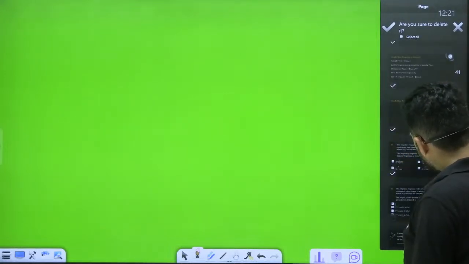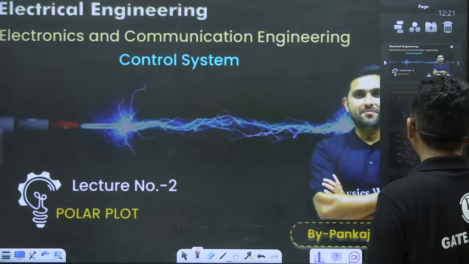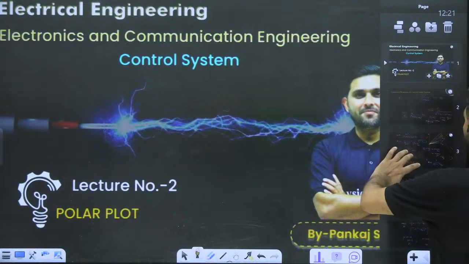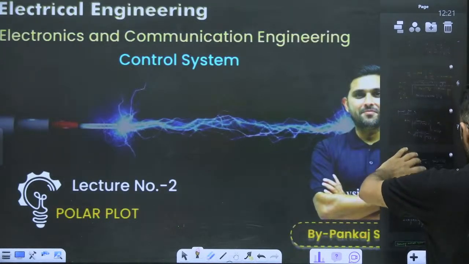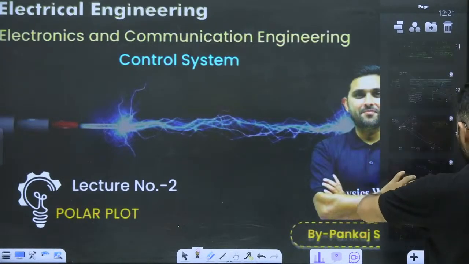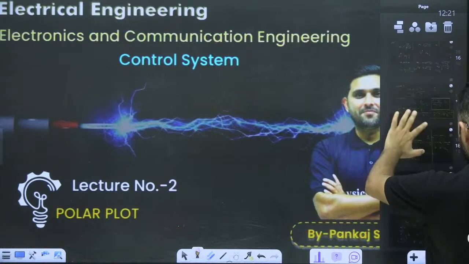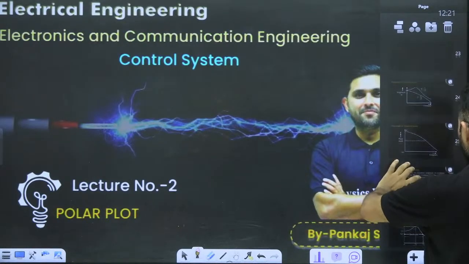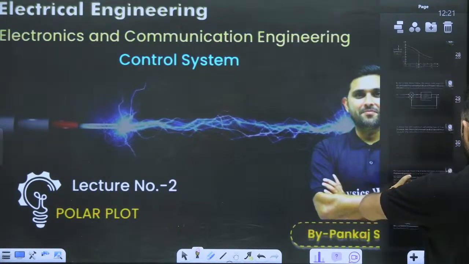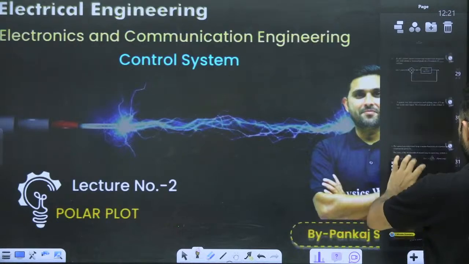Frequency response of second order we have to take.